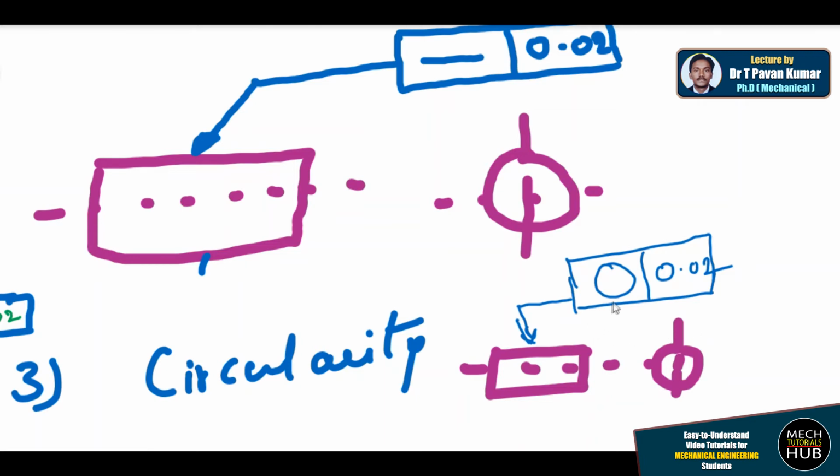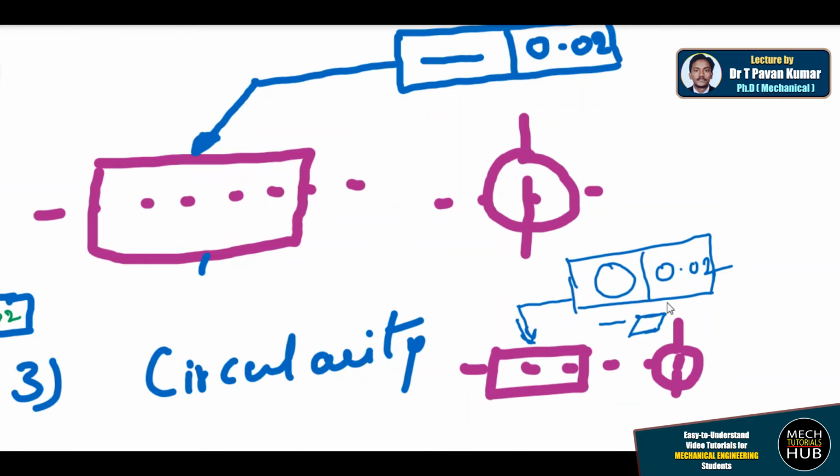Followed by the symbol. For example, if you want to maintain the circularity of the component and you specify some other GD symbol, maybe a straightness symbol or a flatness symbol, then the complete manufacturing process may go wrong. So we need to think before specifying the symbol and the tolerance value.